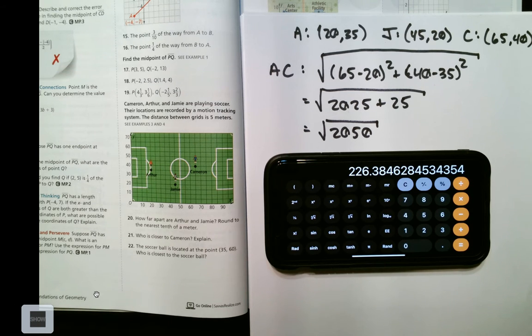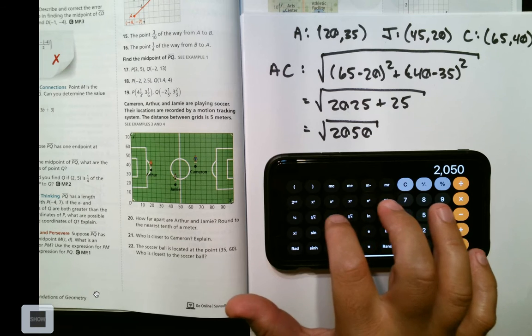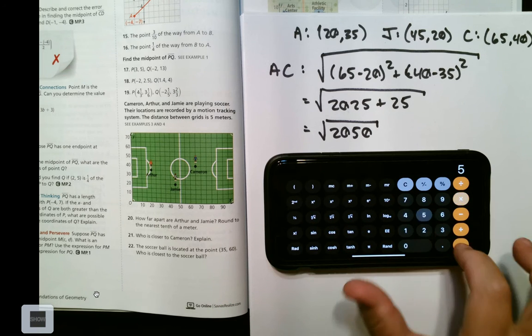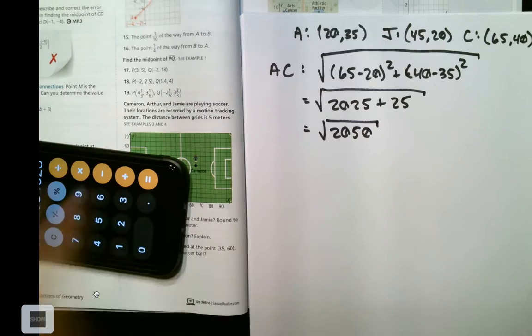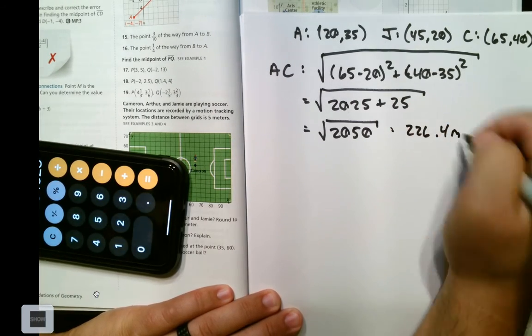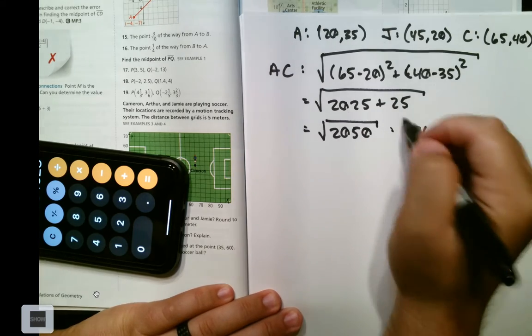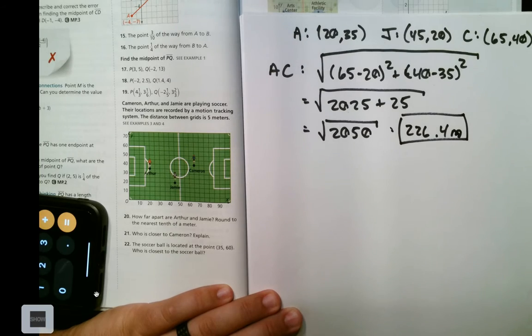Let's do it again. 2,050 square root times 5. So I'm going to call this 226.4 meters. Okay, I did Arthur to Cameron, and now I'll do Jamie to Cameron.